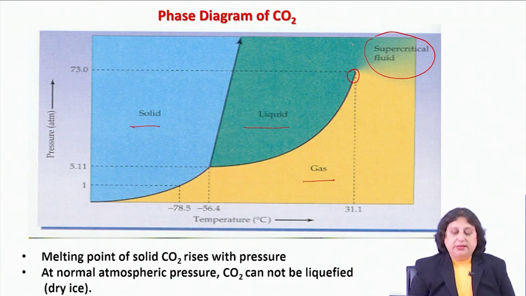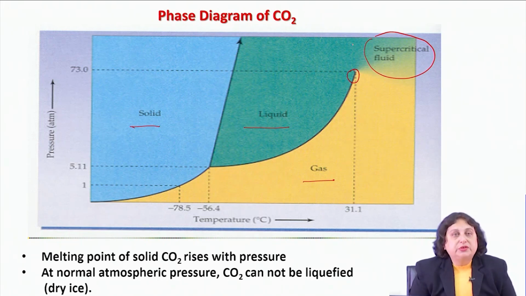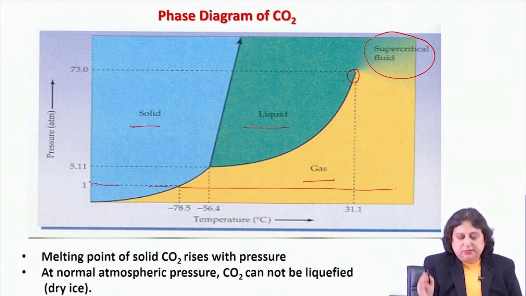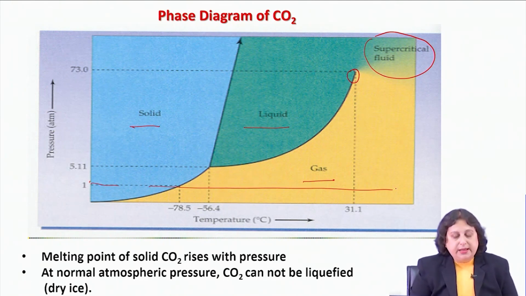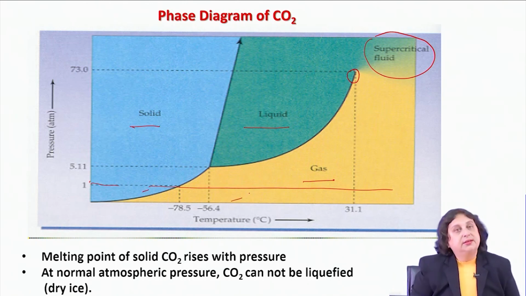Now, very importantly, if you read out this phase diagram, what would be your conclusion on the melting point of solid carbon dioxide at higher pressure? At 1 atmospheric pressure, this is 1 atmospheric pressure, as you see there is only equilibrium between the solid phase and the gas phase.